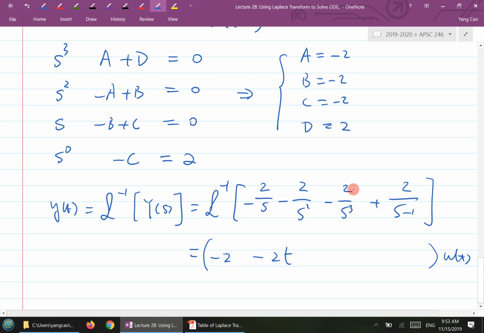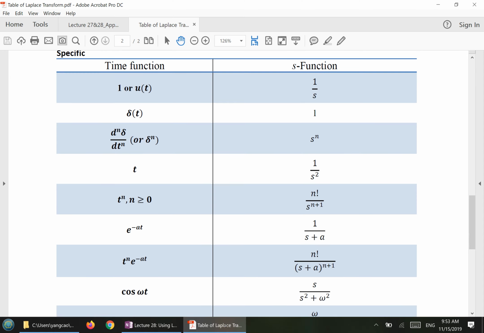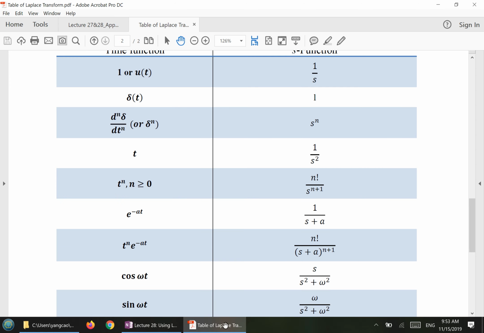What is the inverse of 2 over s cubed? So where is it? We don't have it here, right? But we do have t to the power of n.